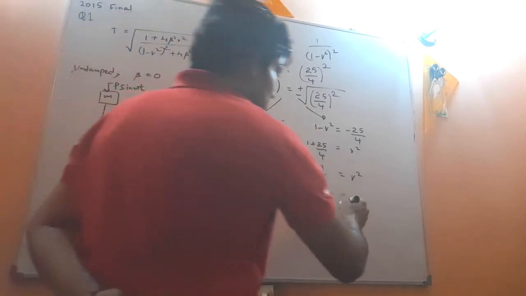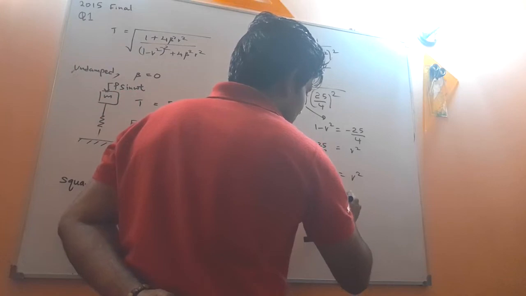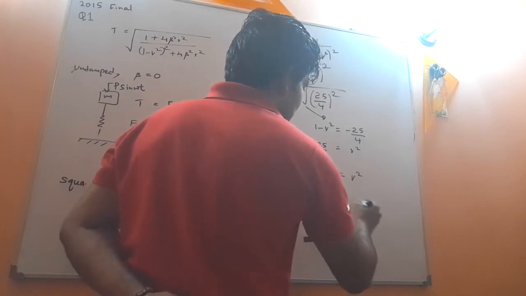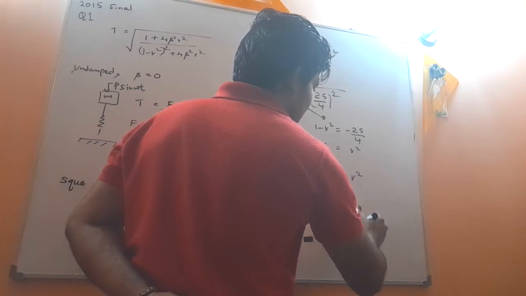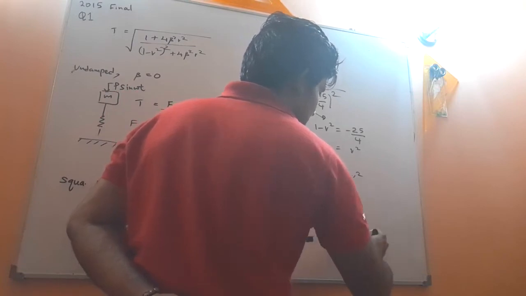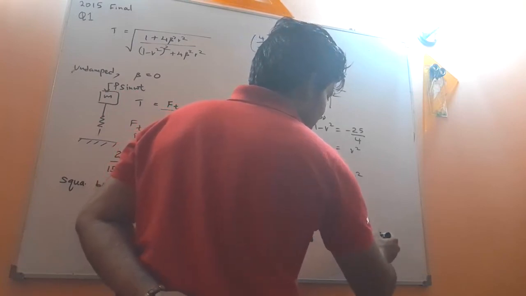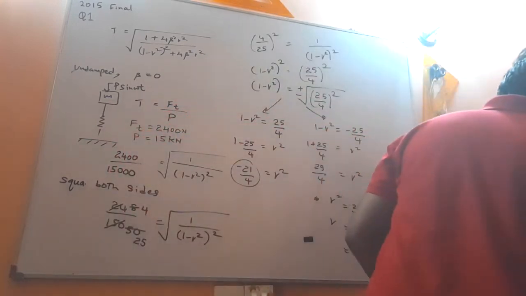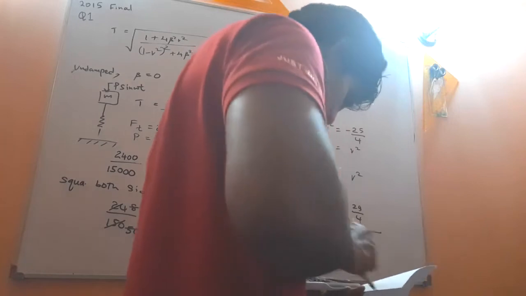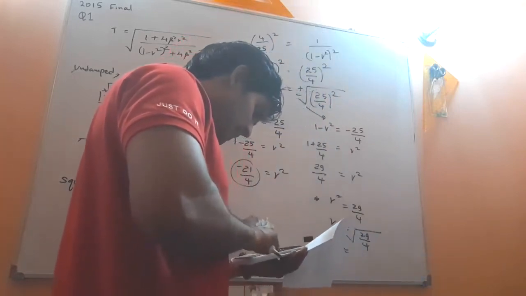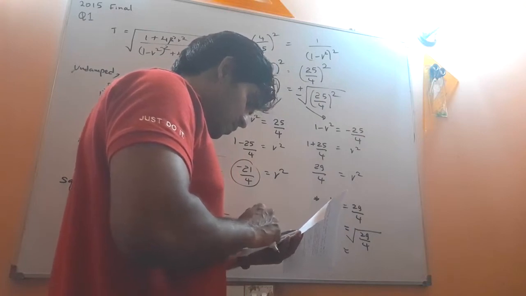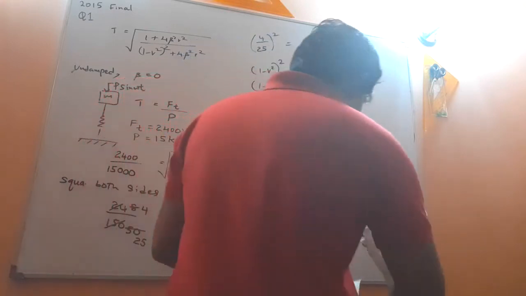So then what is r squared? Then r squared we are going to consider as 29 divided by 4. That means r equals square root of 29 divided by 4. The square root of 29 divided by 4 will be 2.6925.